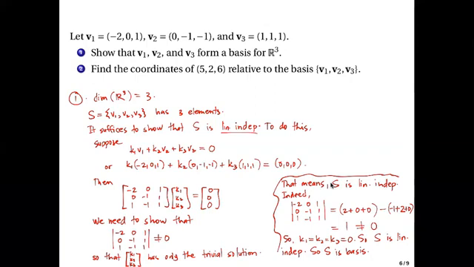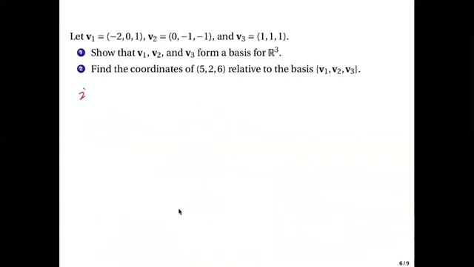For the part 2, we need to solve for the values of K. So for the part 2, we need to find K1, K2, K3 such that you have the previous matrix equation here.